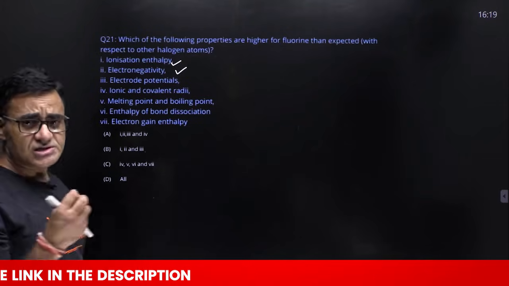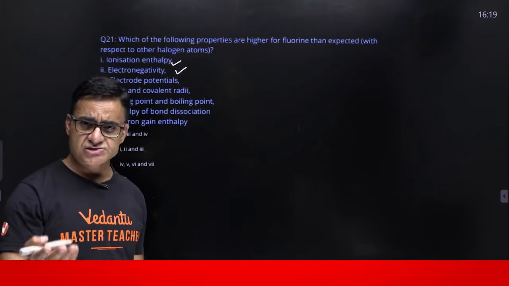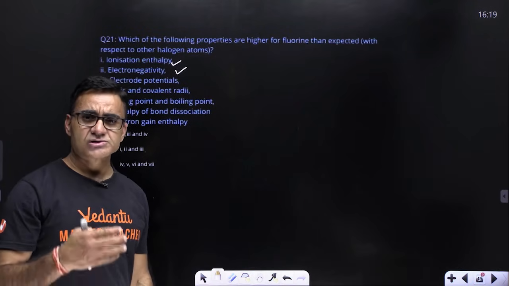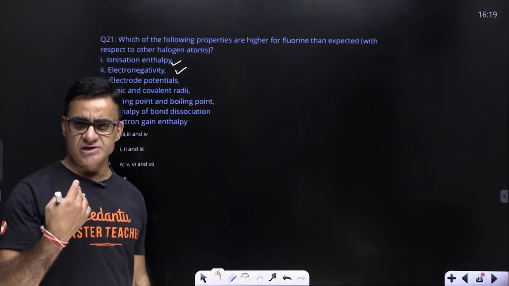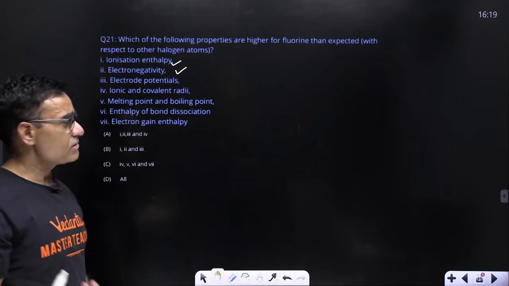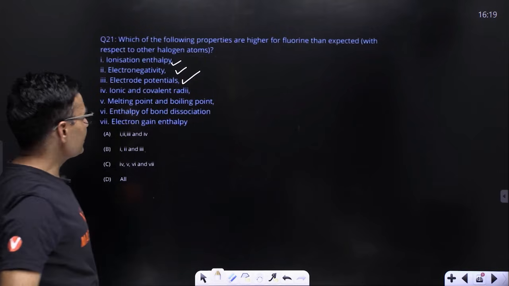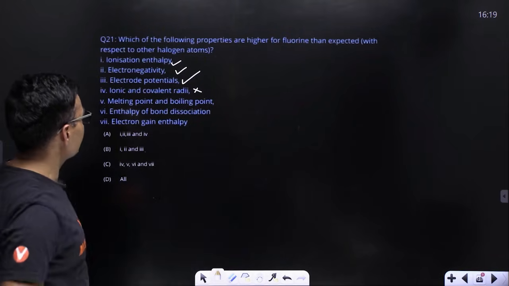Electrode potential is highest in the entire electrochemical series. So fluorine has the highest tendency to get reduced, and its oxidizing tendency is very less. Therefore, its reduction potential is going to be the highest among all other halogens. This is also correct. Ionic and covalent radii are actually less, so this is not going to be the correct one.